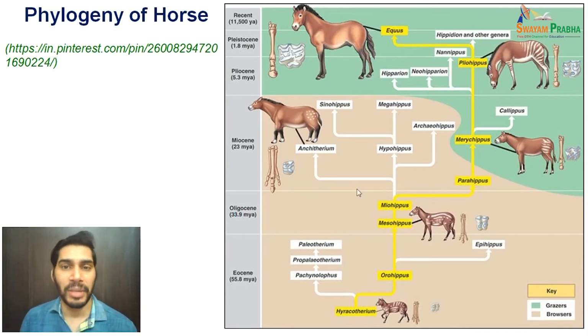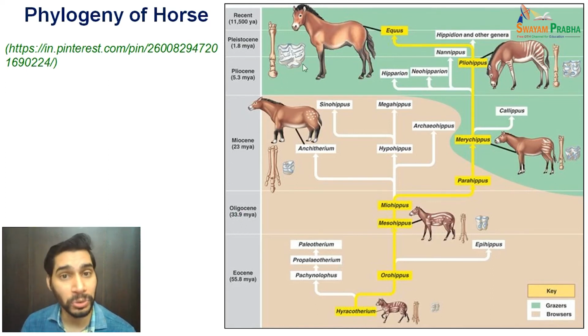This is another picture of horse evolution, but the difference from the previous picture is that, besides showing the time scale, the grazer and browser key, and the different names of the transitional forms of horses that have occurred, it shows the structures of particular organs, let's say the limbs, forelimbs and hind limbs.